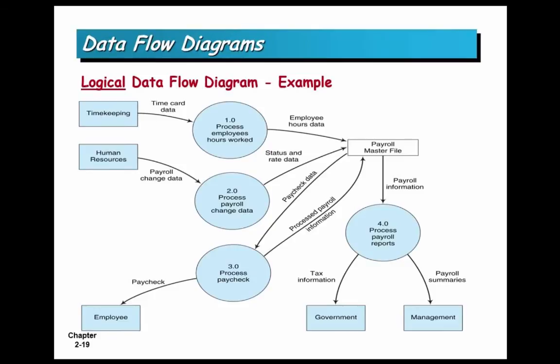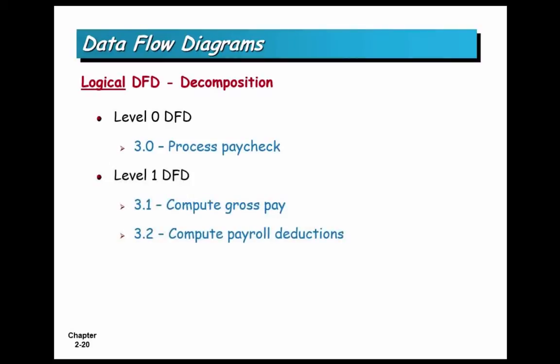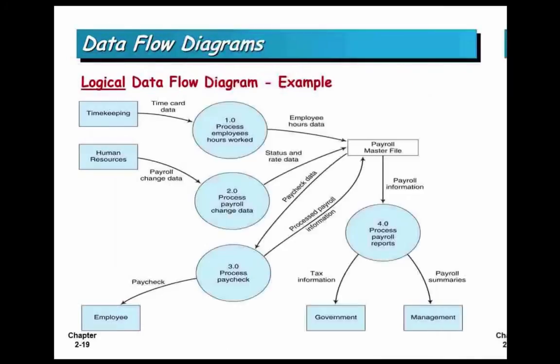So this is the logical data flow diagram. And as I said, you can decompose it. So let's decompose. Officially, this is called a level 0 logical data flow diagram, because you have that 0 there. We'll decompose process paychecks to level 1.